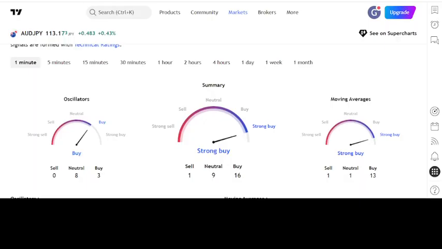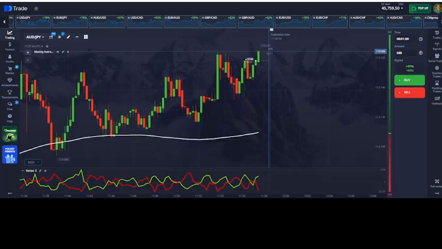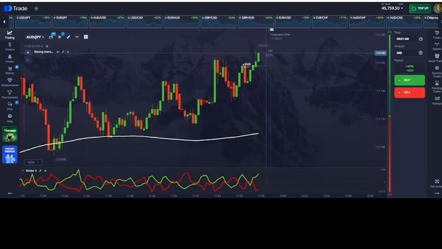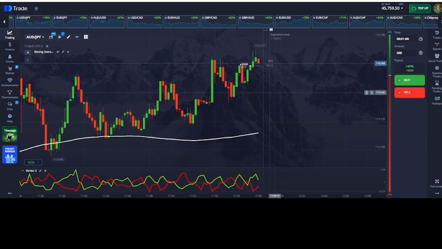The oscillator and the moving average indicator is giving us, okay, on the 5 minute strong sell, on the 1 minute, excuse me, strong buy. So I went ahead and took a buy trade here at this level on the Aussie dollar Japanese yen. So let's monitor this trade and wait for the expiration.